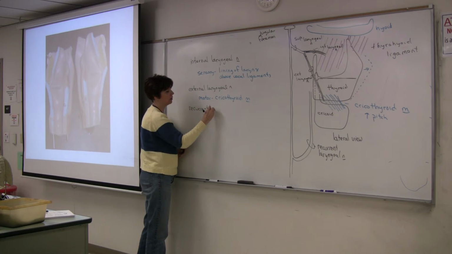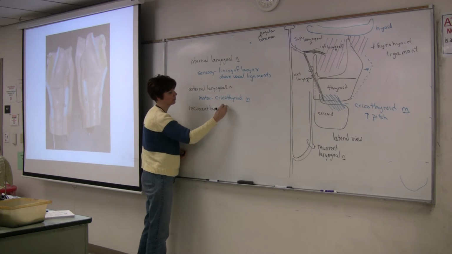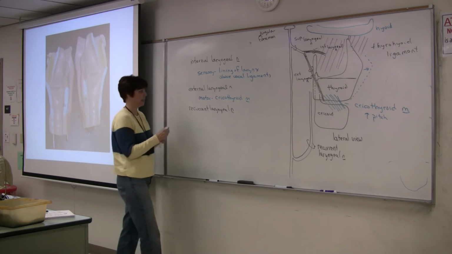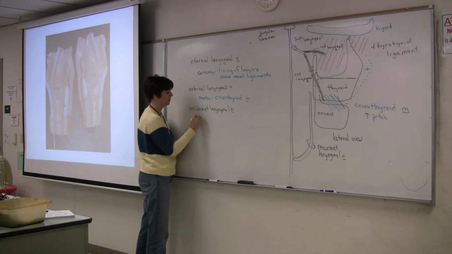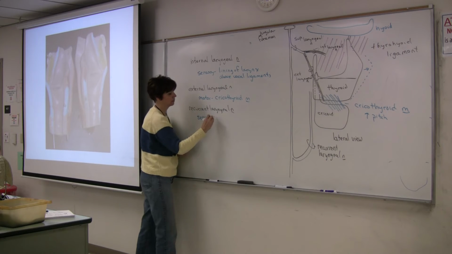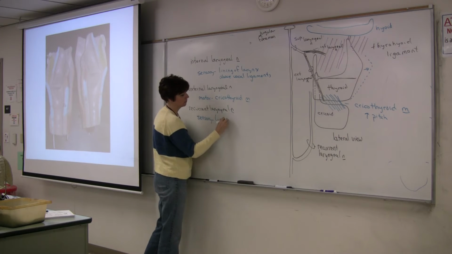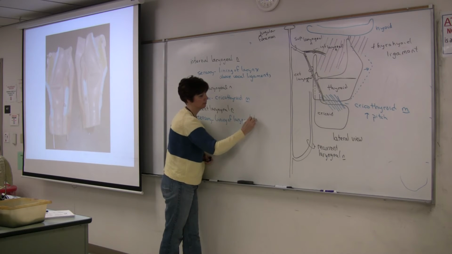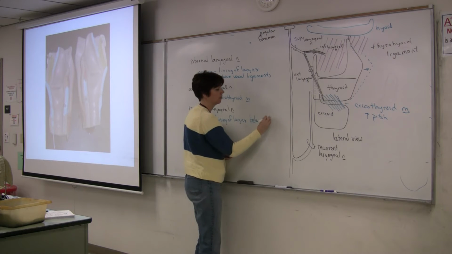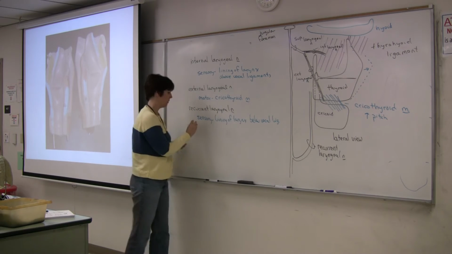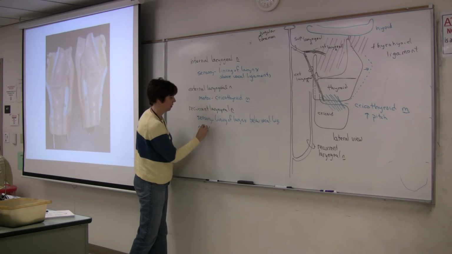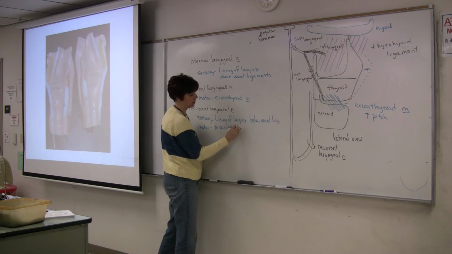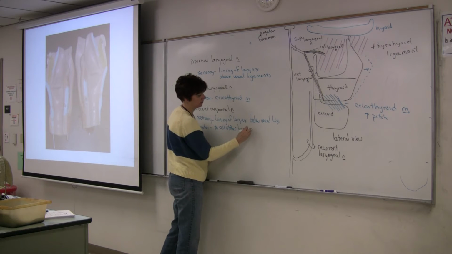So recurrent laryngeal is going to be sensory, so the region of the lining of the larynx below the vocal ligaments. And motor to all the other laryngeal muscles except cricothyroid.